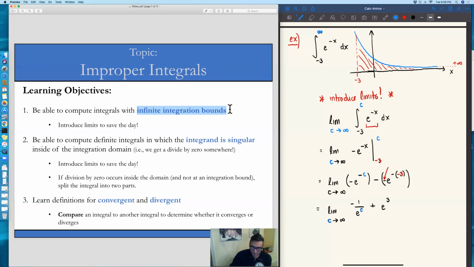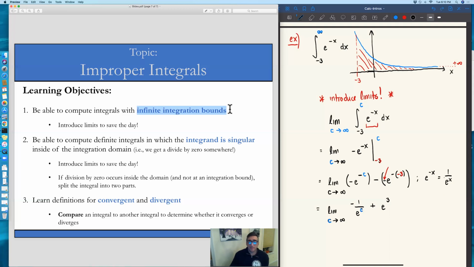Now if you're a little rusty with your exponential rules, remember, if we have something that is e to the minus x, that's the same thing as 1 over e to the x. And that's the exact thing that we did to get that 1 over e to the c in the denominator.